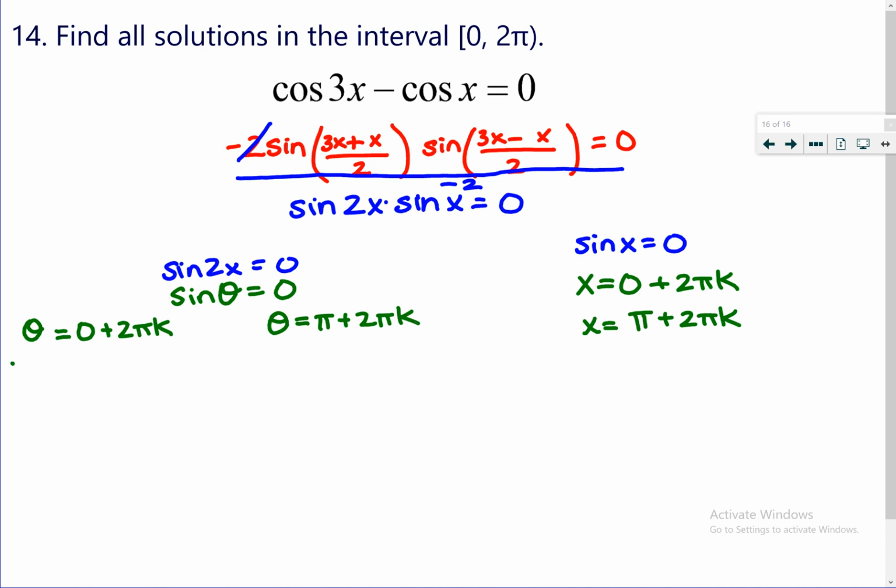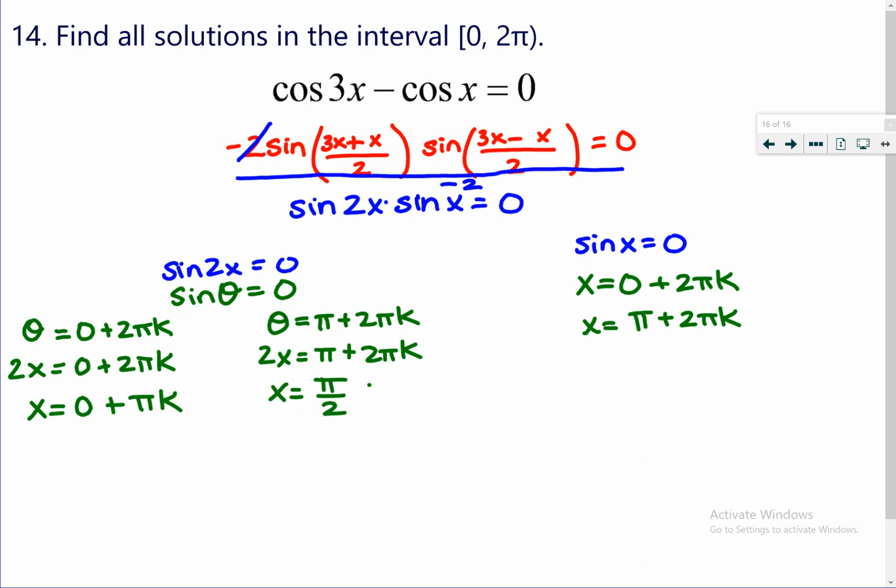And then I'm going to put the 2x back in. 2x equals pi plus 2 pi k. And then you can imagine either dividing by 2 or multiplying by 1/2. So I'm going to get x equals 0 plus pi k and pi over 2 plus pi k.